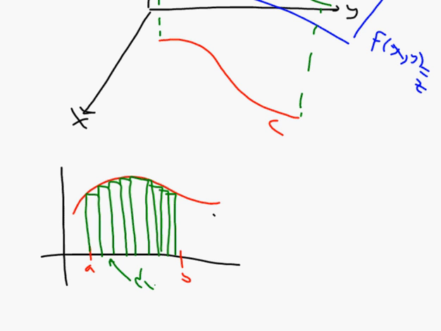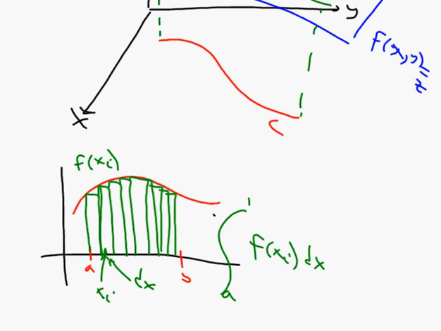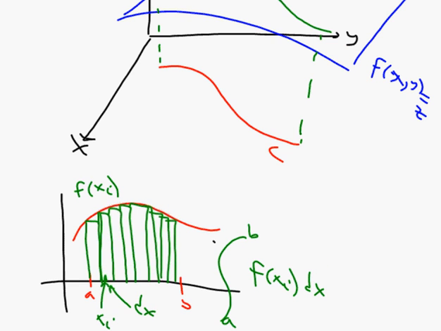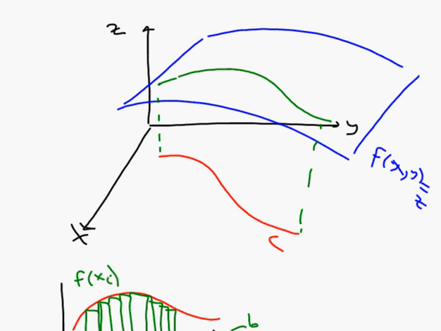Each width of this rectangle is dx, and the height you get by doing f of x sub i, where x sub i is some kind of x value in this interval. And therefore, the area of your rectangles was f of x sub i, which is the height, times dx, which is the width. And then you added up all those different rectangles from a to b. And that's sort of the fundamental idea behind an integral. And you're really doing the same thing here.